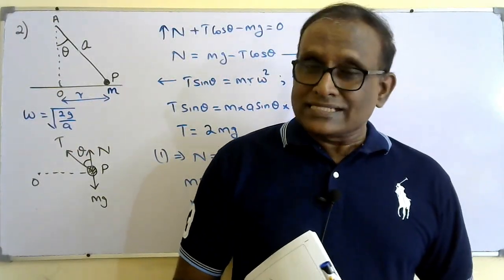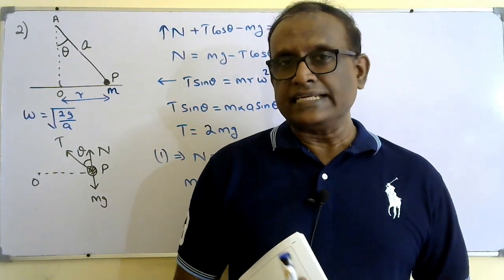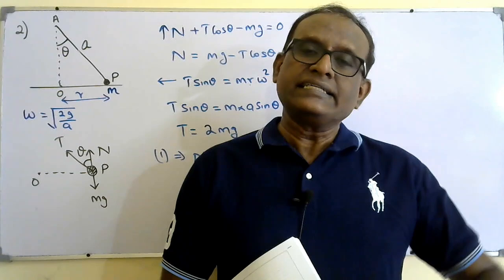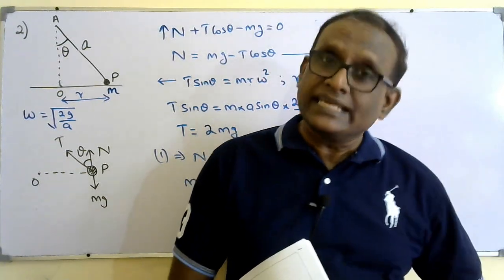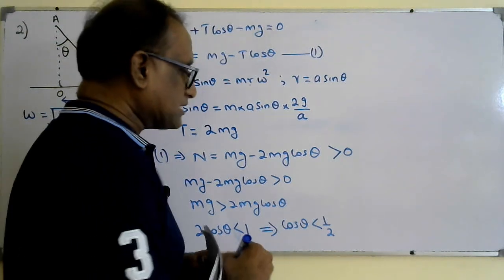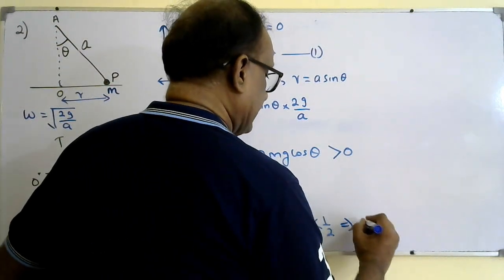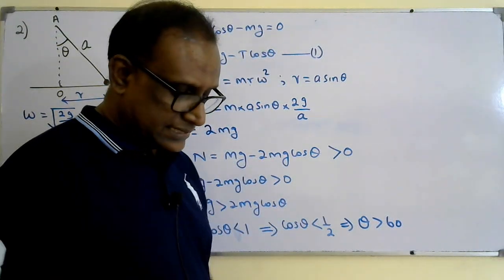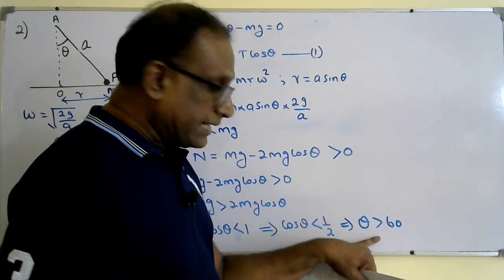So cos 60 is half. We know that in the cosine function, when the angle theta increases, the cosine value will decrease. So if it must be less than half, from this I can say theta must be greater than 60.